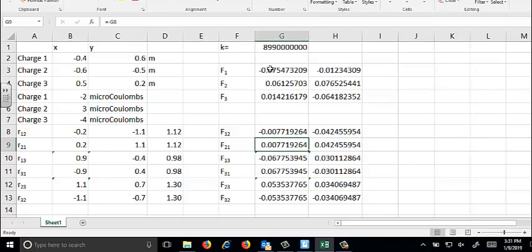And then to get the actual final answer, I add the components together just like I did. So that gives me the final answer in terms of the force values, the x component and the y component.